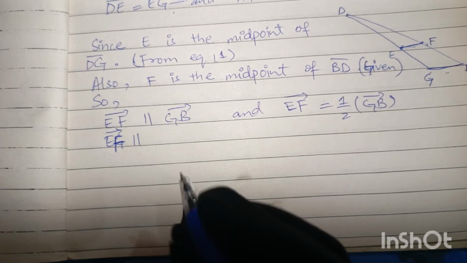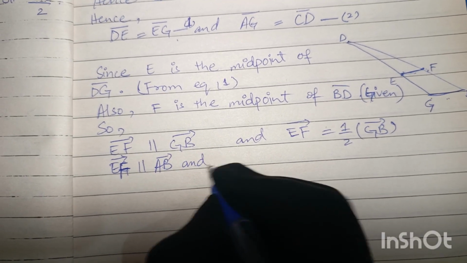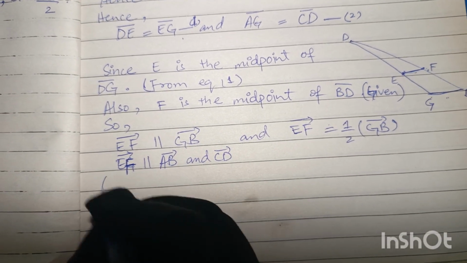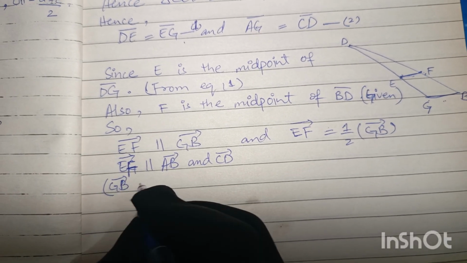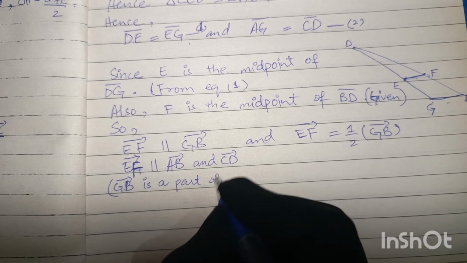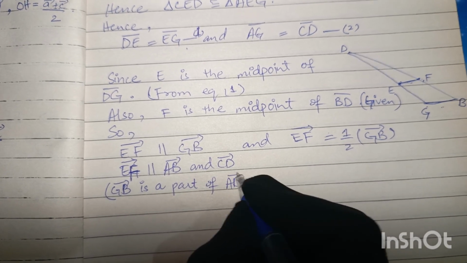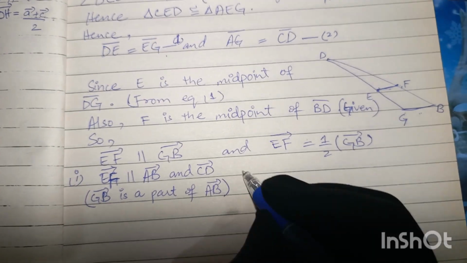So we can write here EF is parallel to AB and CD because GB is a part of AB. So the first part is proved.